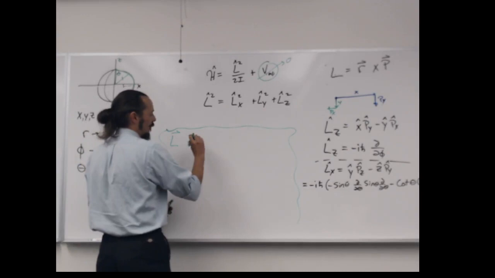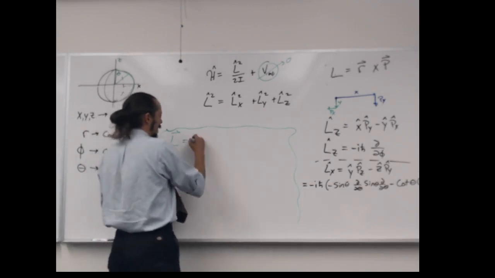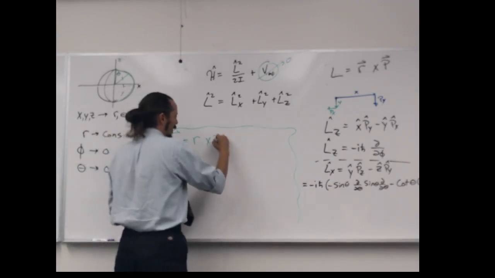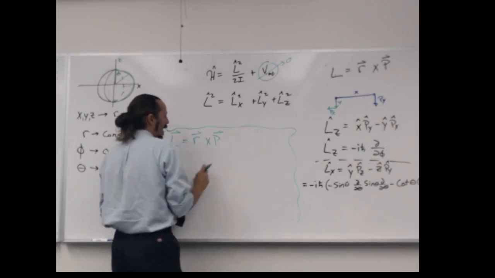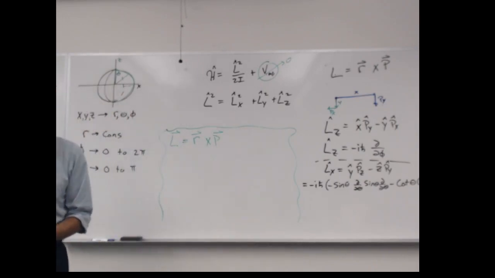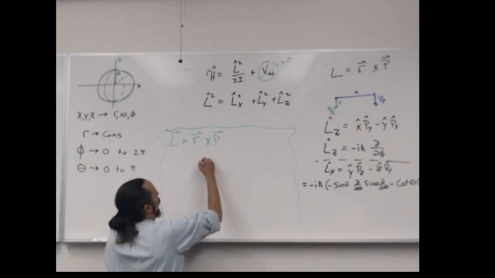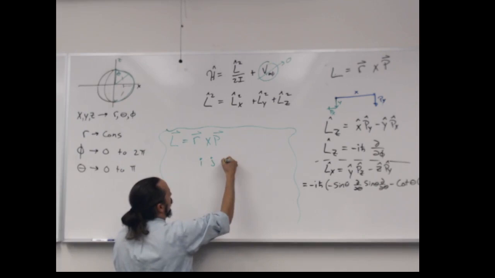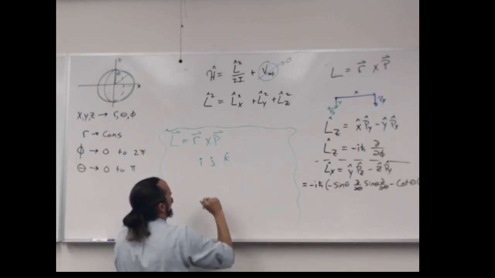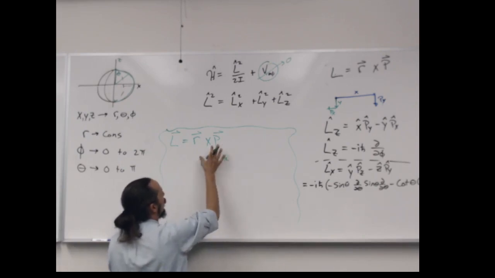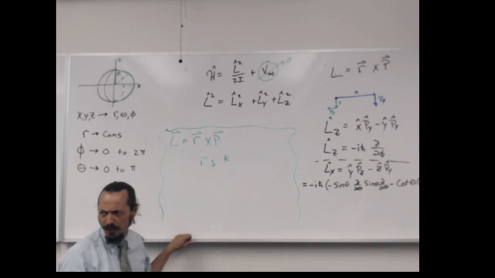So if I want to do the L vector as the R cross P, we can essentially set this up as i, j, k directions. Have you seen that notation before? Okay.